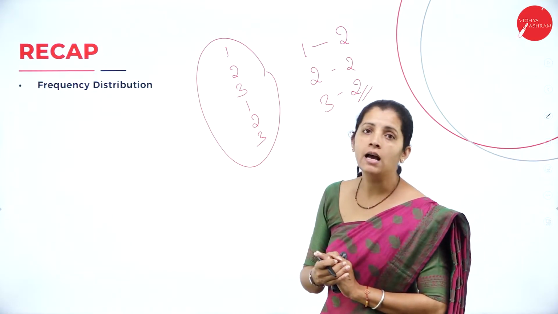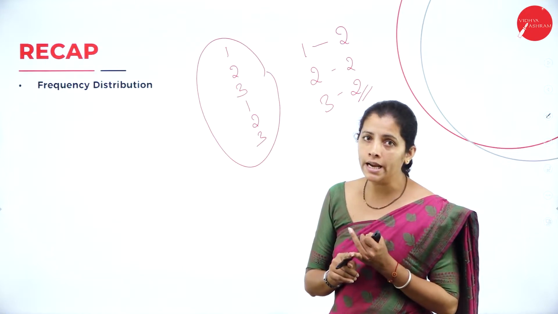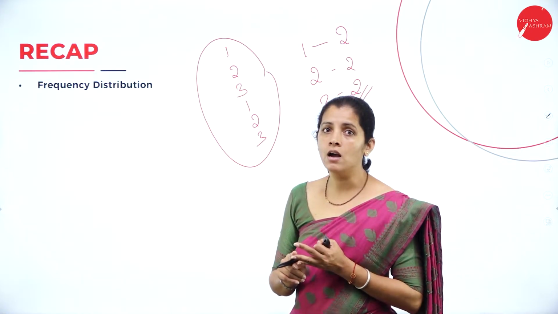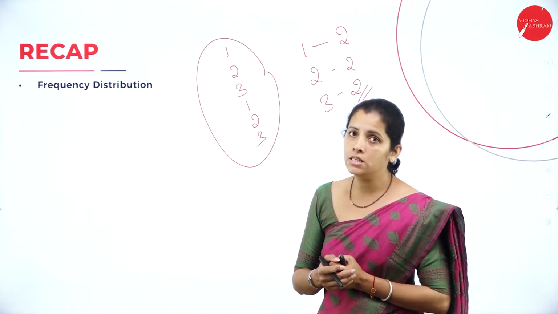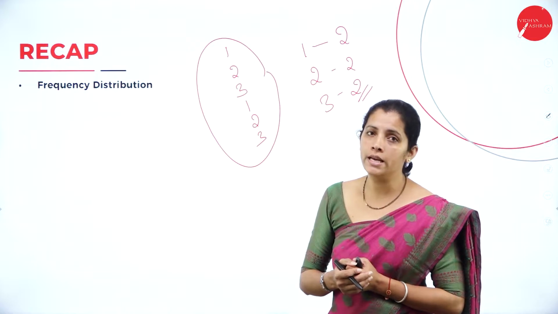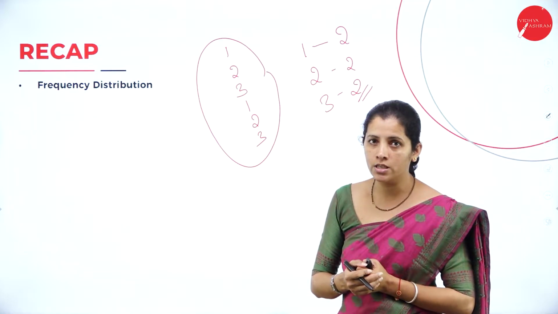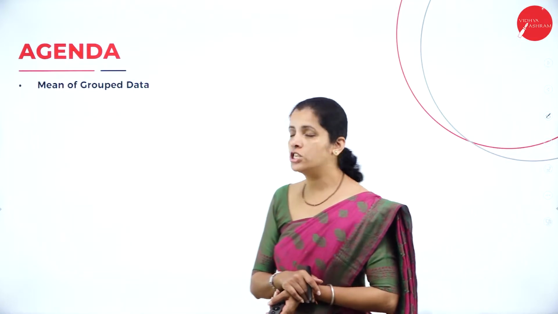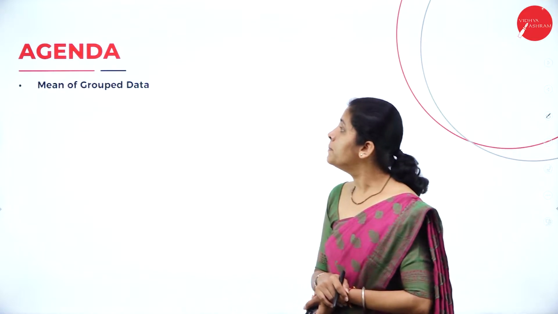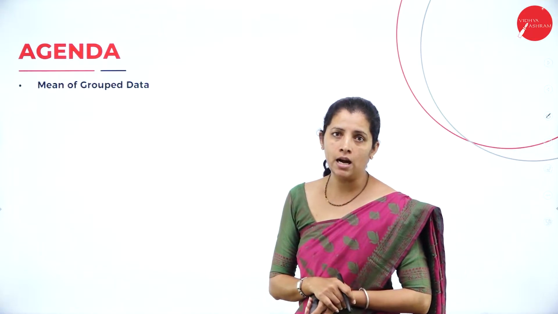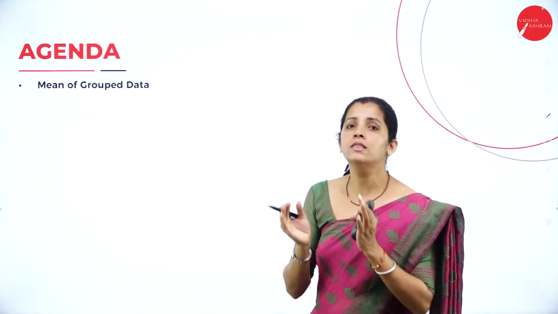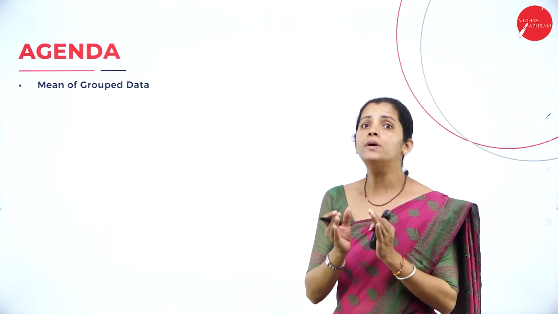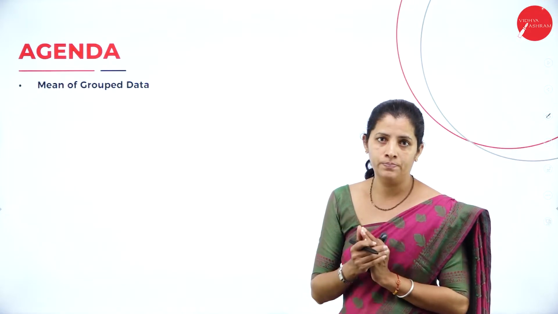Along with that, I have discussed grouped data, ungrouped data, and frequency distribution, that is, the continuous frequency distribution as well as the cumulative frequency distribution. But in today's session, I am going to deal with mean of grouped data. Grouped data means all the data are grouped under certain ranges.